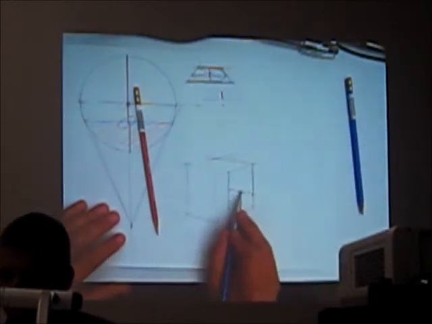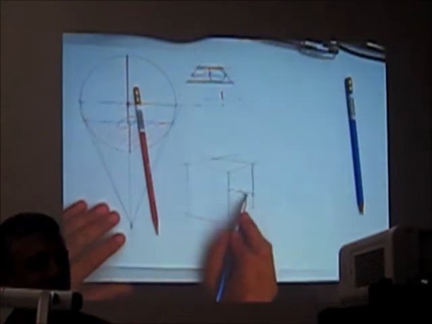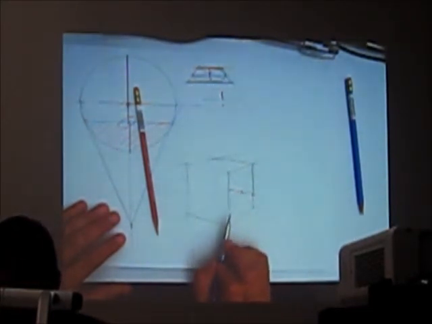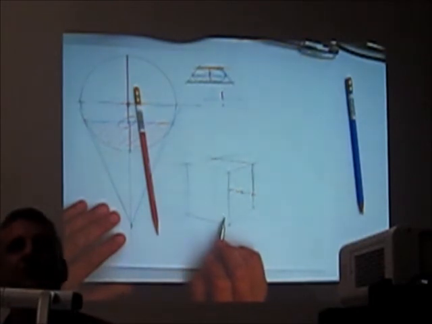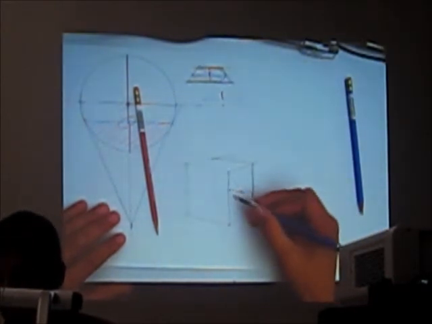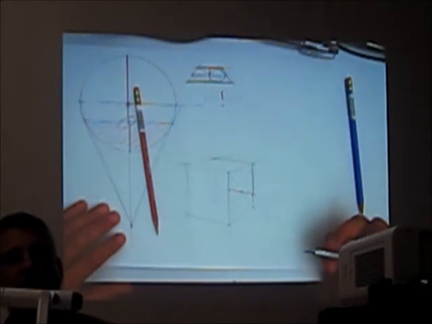Now if I do that, do you see that if I take that line and I divide it in half perfectly, I find a point right about there, just a little bit closer to the viewer than the center of the square? So this is a perfect division of those two. All right?